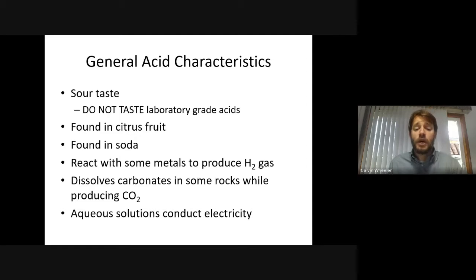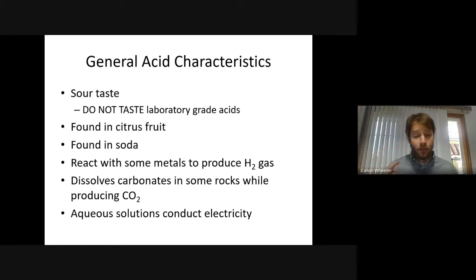And then by virtue of dissolving carbon dioxide to make the drink carbonated, soda will have carbonic acid as well, because when you dissolve carbon dioxide in soda, it forms carbonic acid. So there's actually 2 different acids in soda: carbonic acid and phosphoric acid. So you probably heard that soda is not good for your teeth. Well, that's why. It's because it has acid in it.